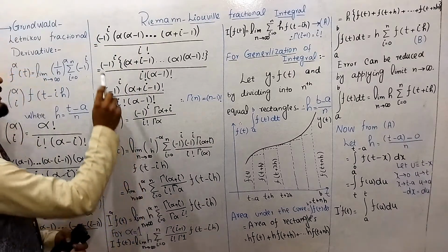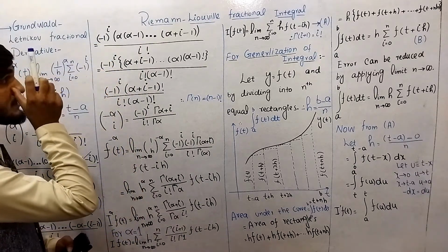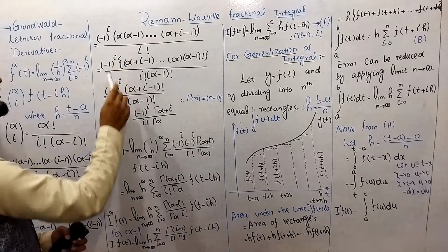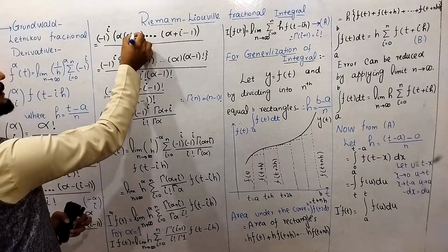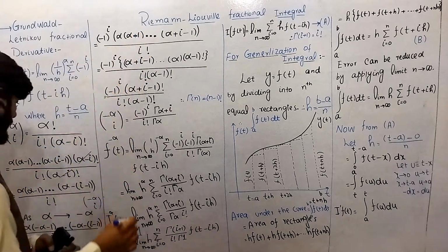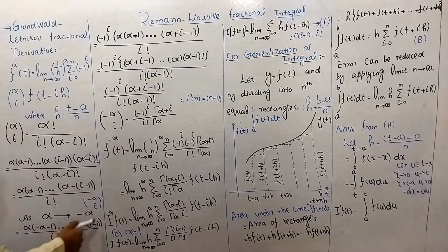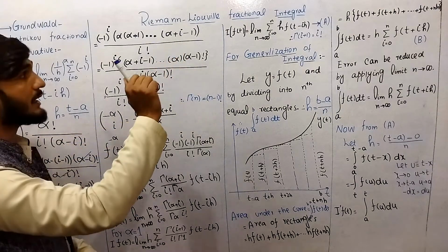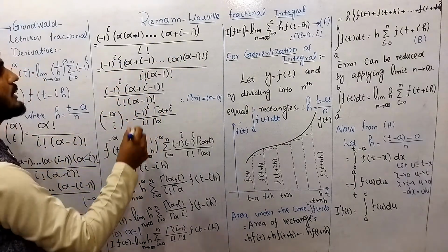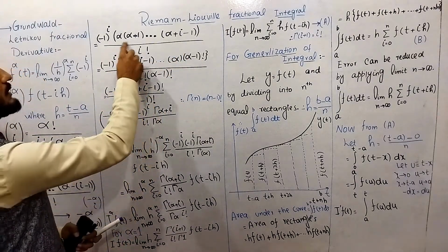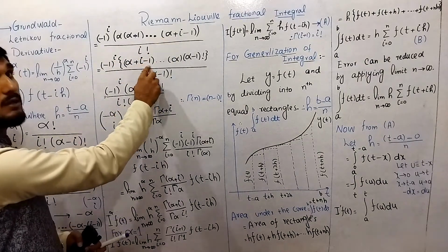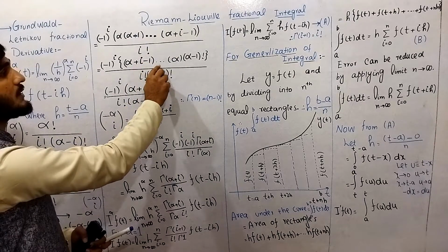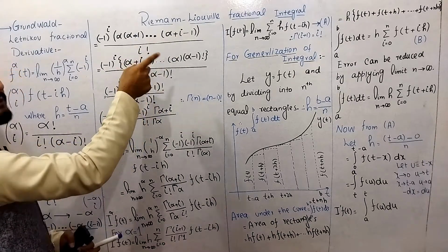If I take minus common, there will be a plus 1 inside, and the result is minus 1 to the i over i factorial. If I switch the order of this expression, we can write it as alpha, alpha plus 1, and so on, up to alpha plus i minus 1.